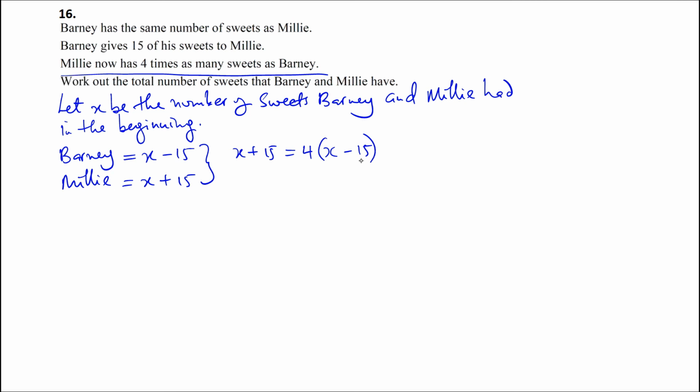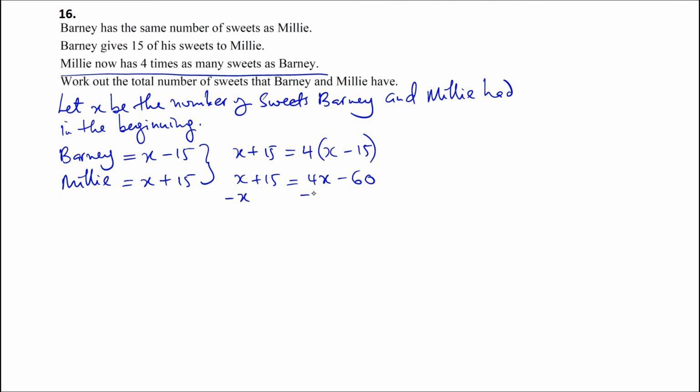So that's the equation that you're dealing with here. And we need to work out the total number of sweets. And we cannot do that if we don't know the value of x. So let's solve for x. So x plus 15 will be equal to 4x minus 60.